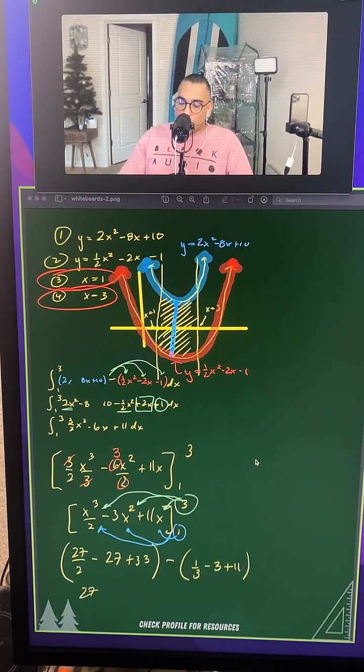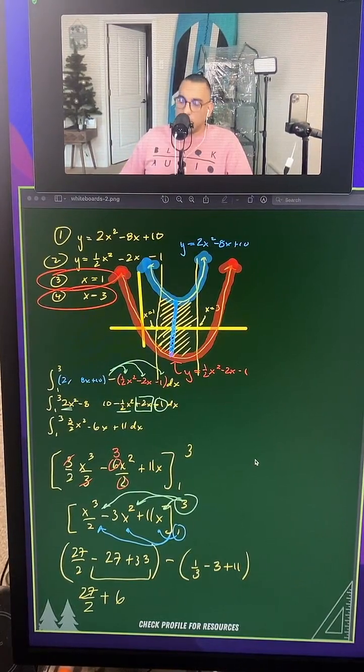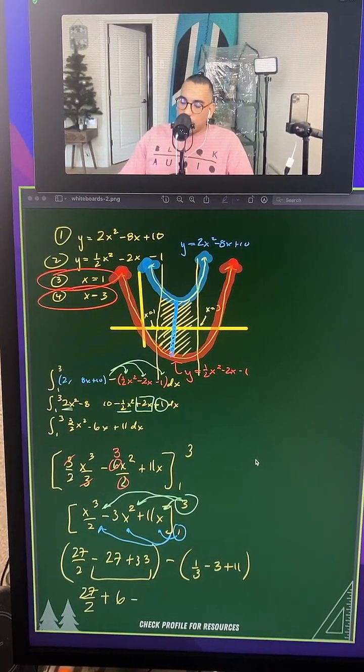Okay, so I got 27 over 2 minus, I guess, or I can put a plus 6 if I combine the negative 27 and the 33. And then I'm going to distribute the negative sign in the other values. So minus 1/3, and I could do minus 8. Okay, let's continue combining these things. If I combine the 6 and the negative 4, that's negative 2 plus 27 over 2 minus 1/3.